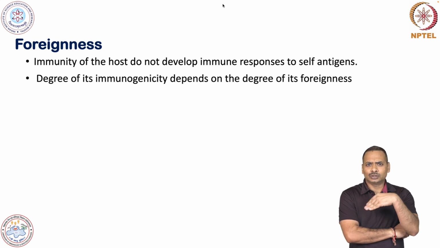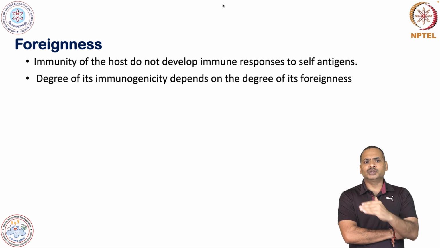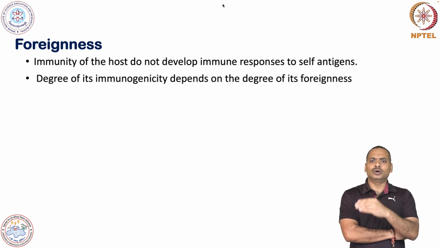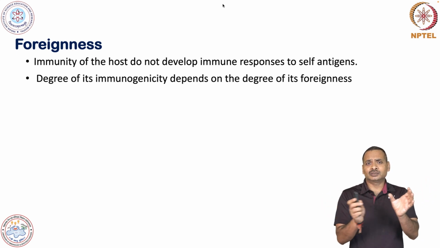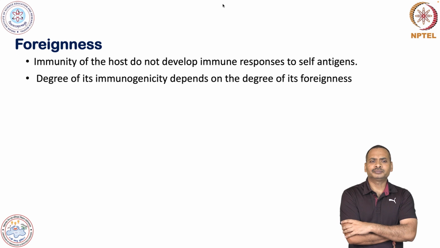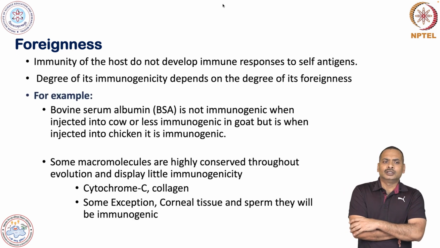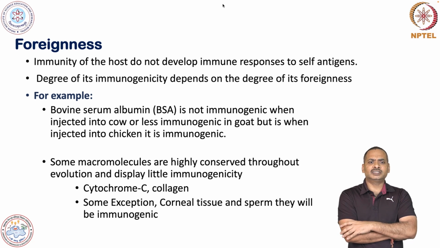So, that is what I want to explain. The degree of immunogenicity depends on the degree of foreignness. Cow and chicken are more foreign to each other compared to cow and goat. The first example I have already explained.